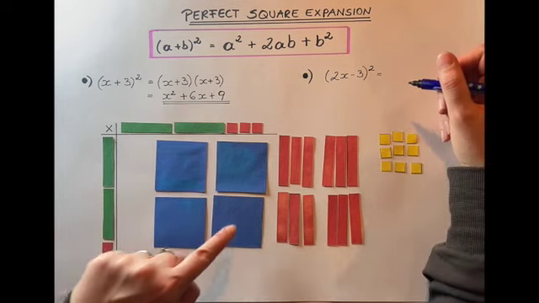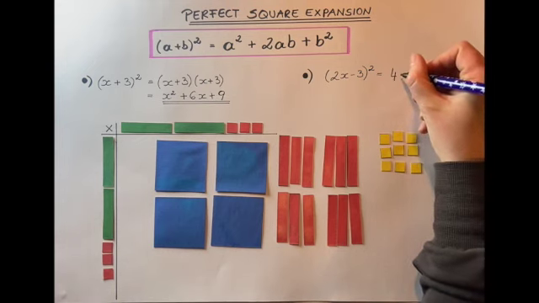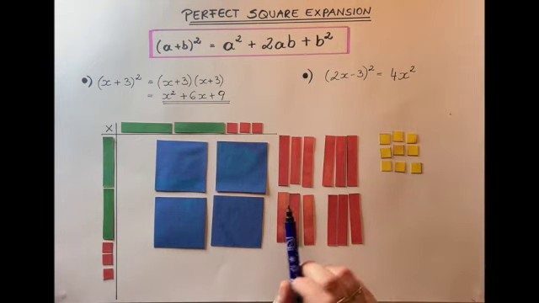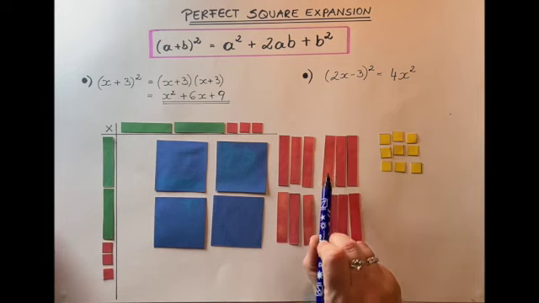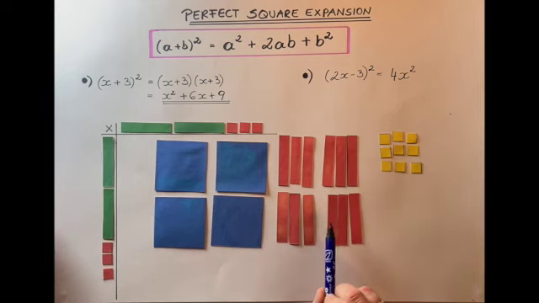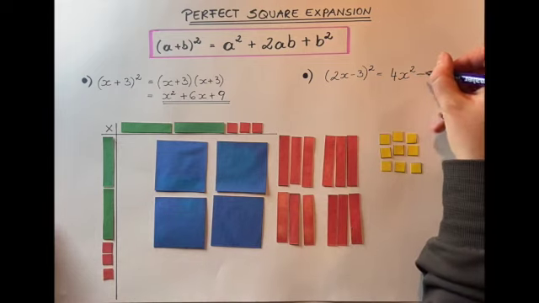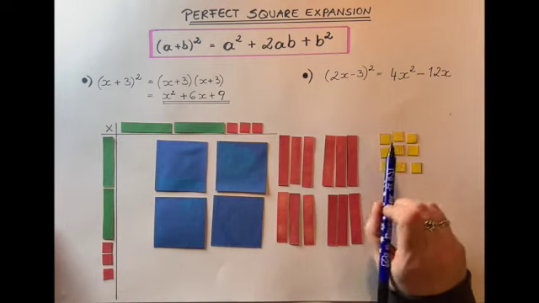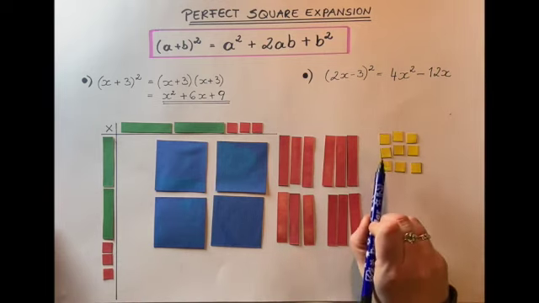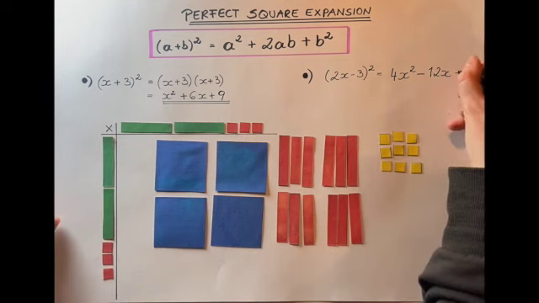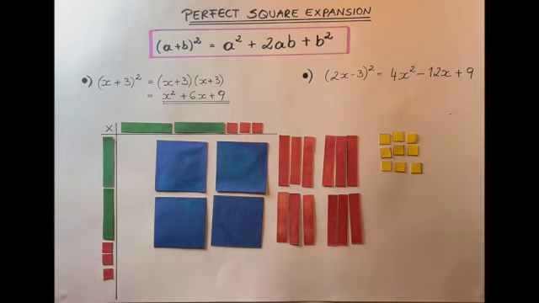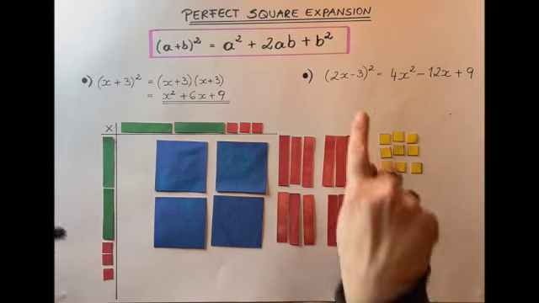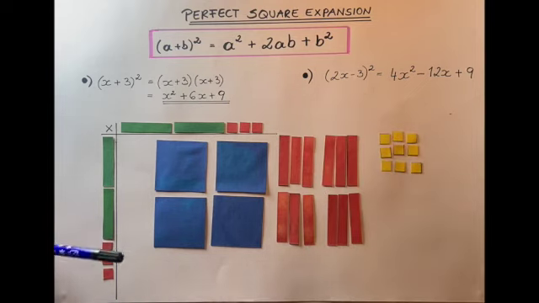We have 1, 2, 3, 4 x squared. We have 12, careful here, 12 negative x. So we have negative 12x here. Plus 3 by 3 is 9. So that's the solution to expanding these brackets.